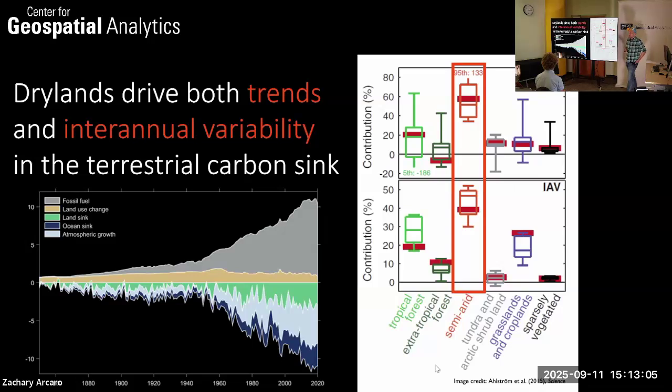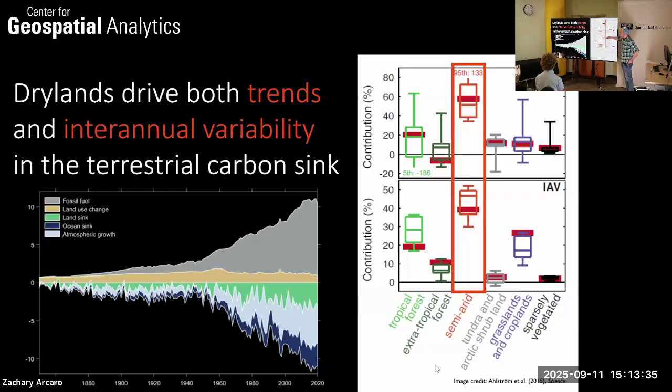By their very nature, drylands don't have a whole lot of vegetation, but the vegetation that they do have is extremely sensitive to changes in our climate and extremely sensitive to changes in land use. And so if we look at changes in our terrestrial carbon sink back through time, about 60% of the trends in the terrestrial carbon sink are attributable specifically to changes in dryland ecosystems.